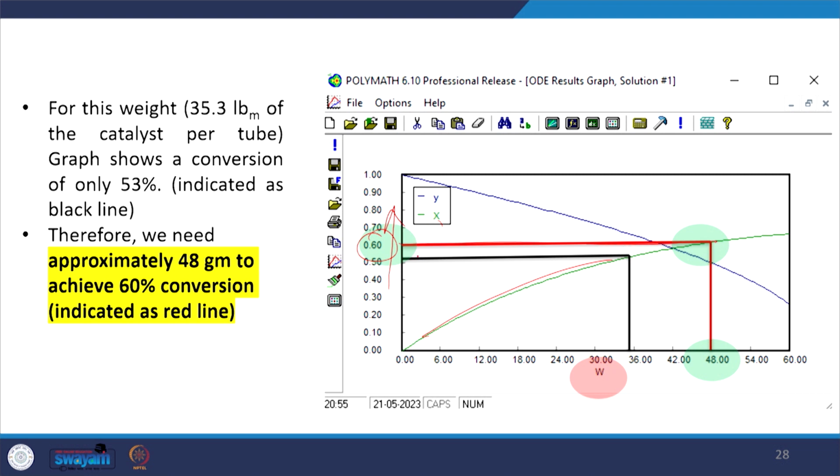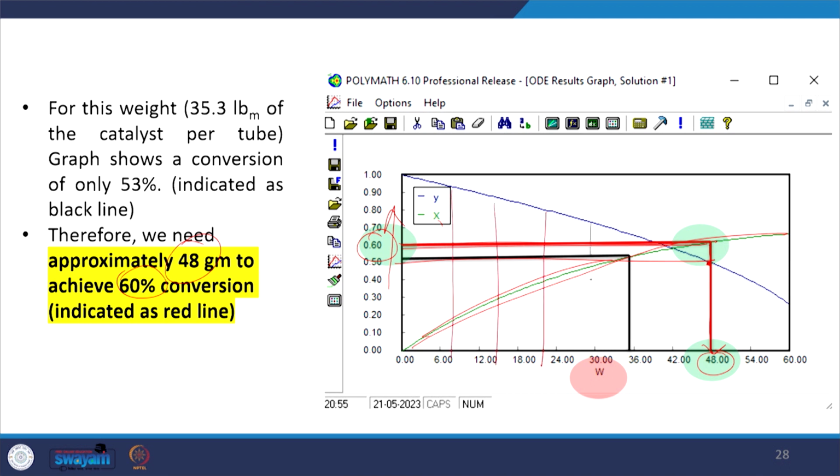If you draw a line from this and it intersects the green line, the corresponding value is 48. So 48 pound mass of catalyst we have to put to get 60% conversion, and at that time the pressure may be here. So you can get the pressure drop at different catalyst weights.